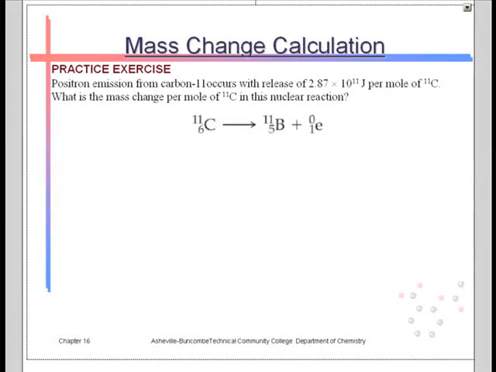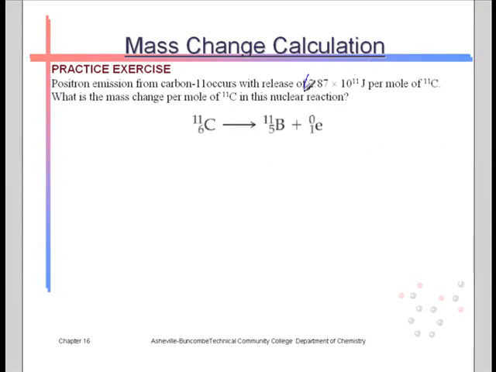The other type of calculation here is really just going the other way. You're given the amount of heat for 1 mole of this undergoing a positron emission, and if you've made it this far through the course, manipulating E equals mc squared and plugging these values in, I don't think will be very challenging for you.